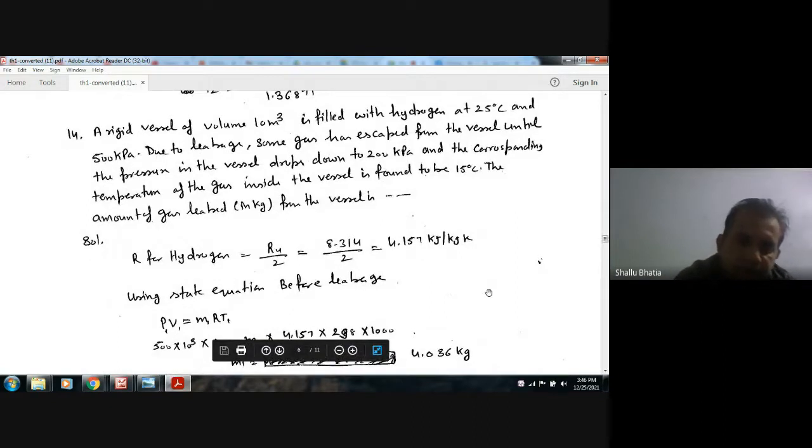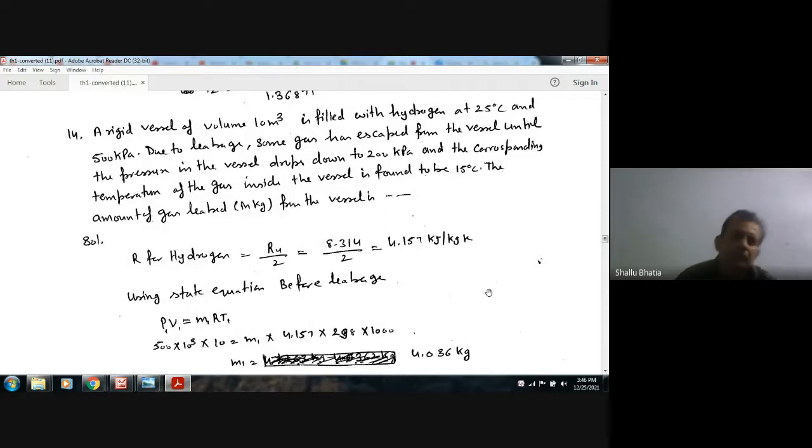Next, a rigid vessel of volume 10 meter cube is filled with hydrogen at 25 degrees Celsius and 500 kPa. Due to leakage, some of the gas has escaped from the vessel until the pressure in the vessel drops to 200 kPa and the corresponding temperature of the gas inside the vessel is found to be 15 degrees Celsius. The amount of gas leaked from the vessel is to be found.